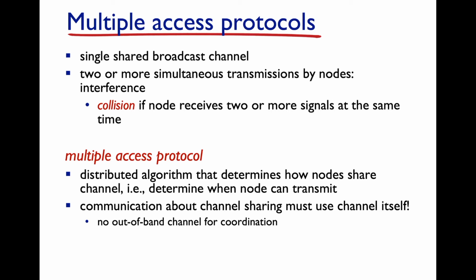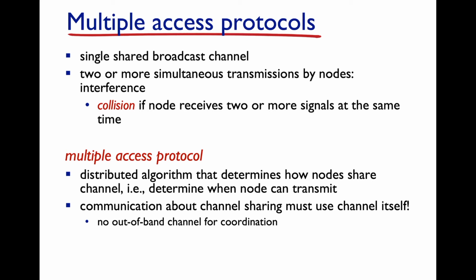So you have a single shared broadcast channel, and you have two or more entities or hosts that simultaneously want to transmit. When this happens, they're both propagating energy into the shared medium, and you get what's called a collision, because two nodes are sending and therefore receiving two or more signals at the same time.